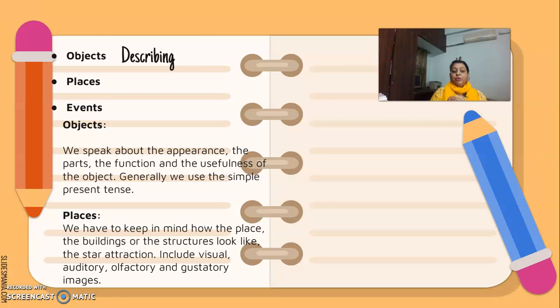Or if you're talking about chocolava or a pizza or a brownie, then you will be talking about those chocolatey smells and flavors and odors. And then gustatory is the flavors, the taste. So how does it taste like? So all those images, when we write like that, then they are able to convey the correct meaning to the reader.